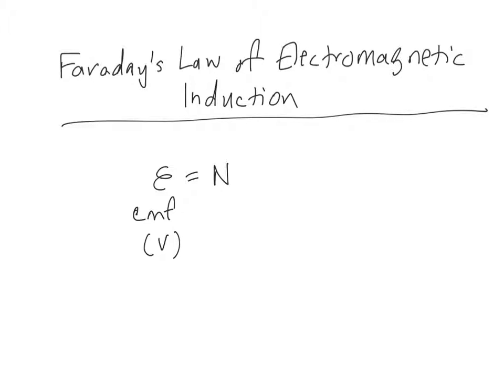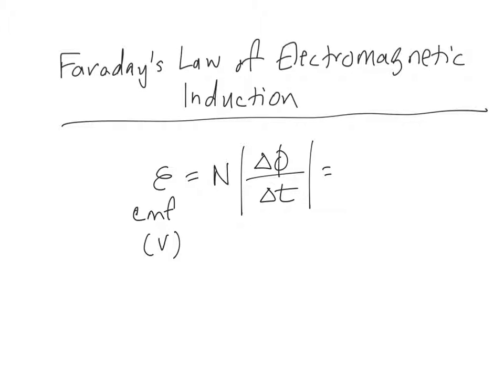And it's directly related to the number of turns, of course, in the loop, in the solenoid, if you will. And then I'm going to use the book's notation for the absolute value of the change in flux over a period of time.